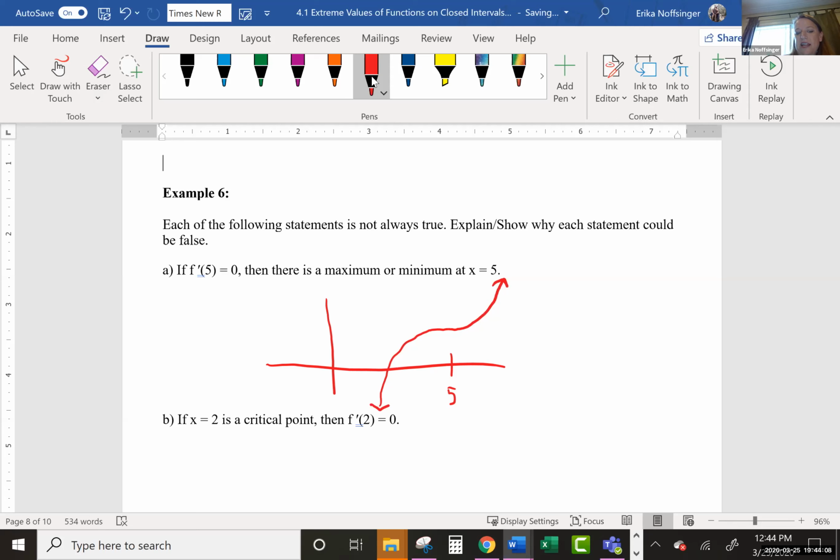So notice that here's a function of f of x. Here's an example where if I took the derivative of the function and I looked at the derivative at that function, right? So f prime of 5 in this case is 0, but this is not a max or min value.